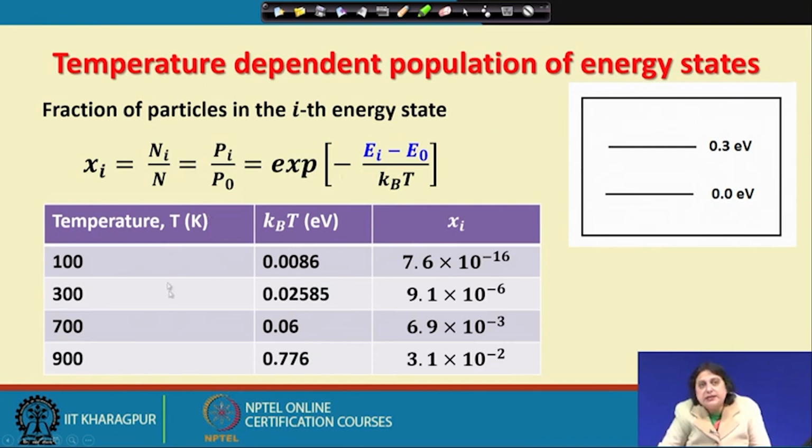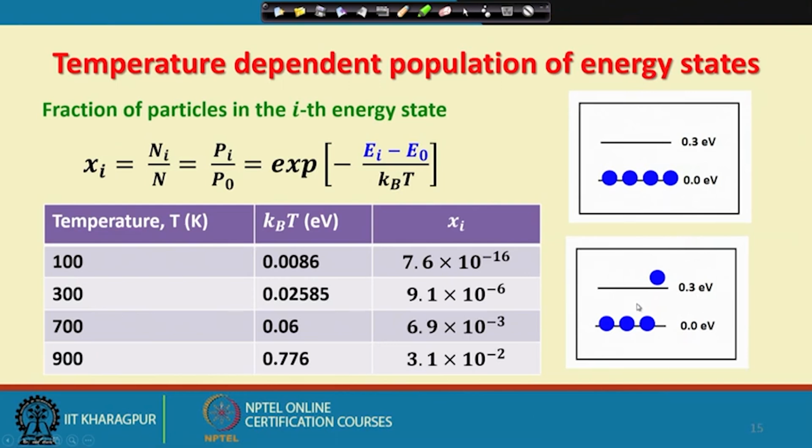Now, as I increase temperature, as you see at 100 Kelvin for a simple system like this, where the energy difference is about 0.3 electron volt, initially at low temperature, the fraction of molecules present in the higher energy state is virtually 0. But if you look at higher temperatures, you see about 3% of the population has been transferred to the upper energy state.